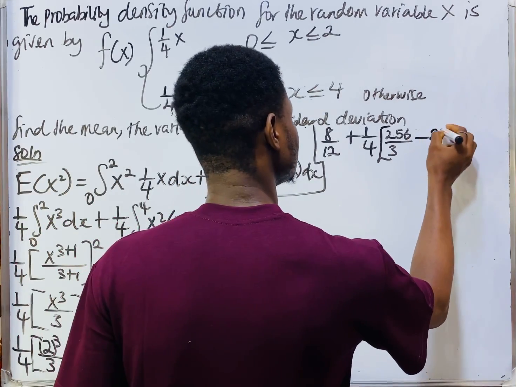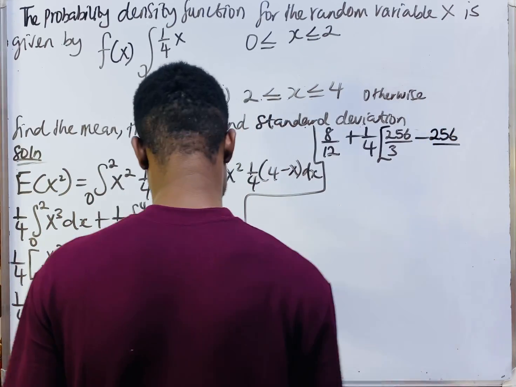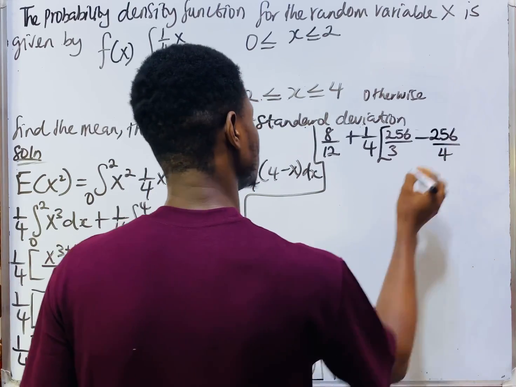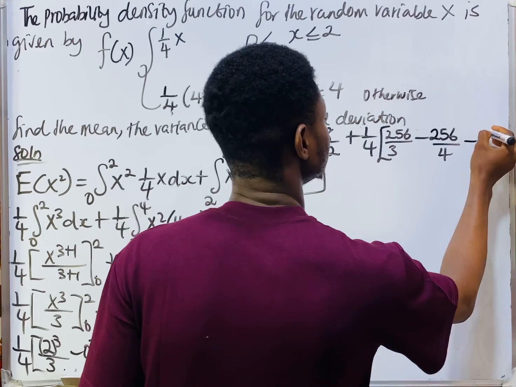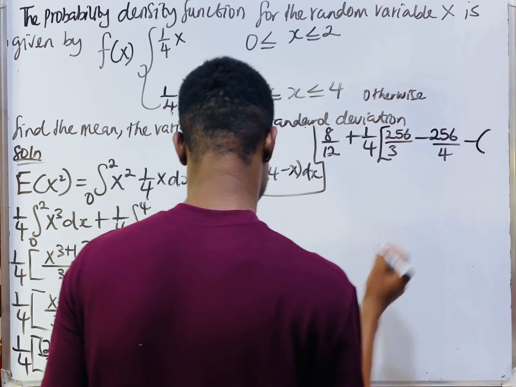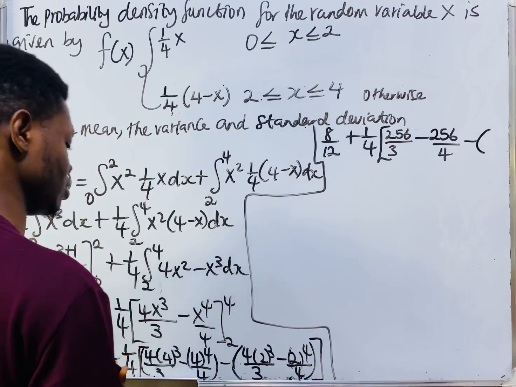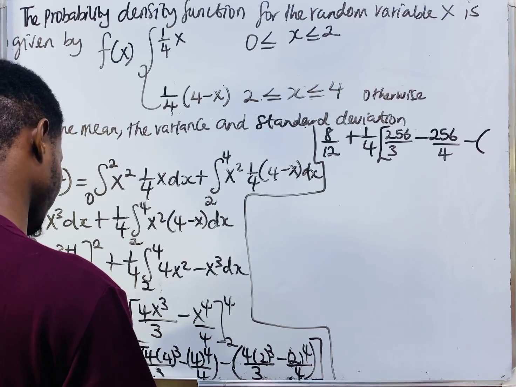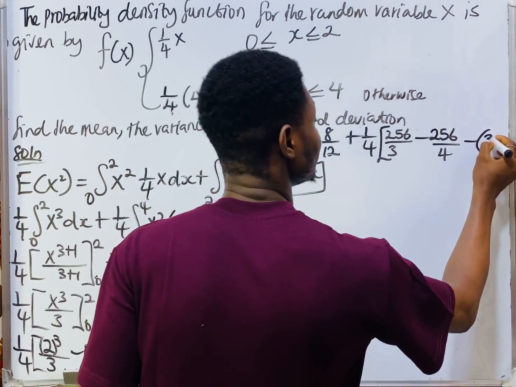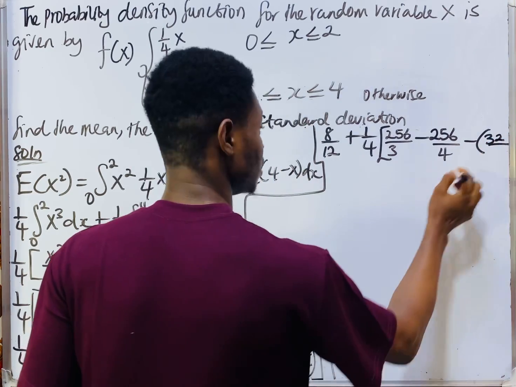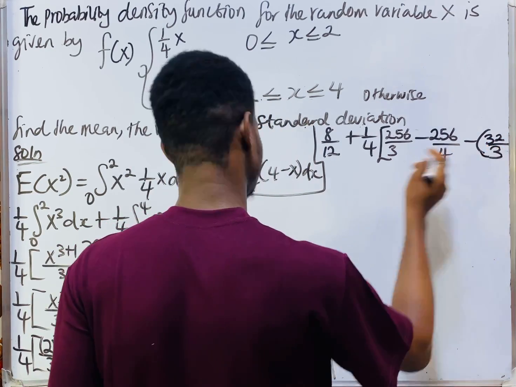256, right? Over 4. Then minus 2 to the power of 3 is what? 8. 8 times 4, 24. Sorry, 32. 32 over 3, right?